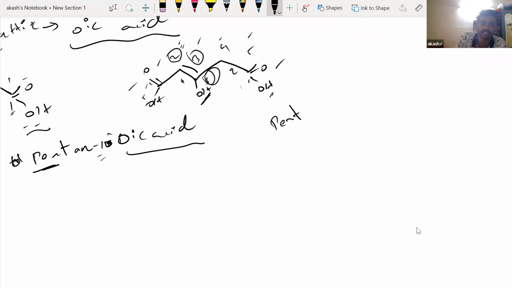Now the secondary suffix should come after this. That is where you mention the double bond, triple bond or single bond. Here I have a double bond, so it is going to be 2, and you have to mention where it is present. Then for the first and fifth positions we have carboxylic acids, so the primary suffix is 1,5-dioic acid.